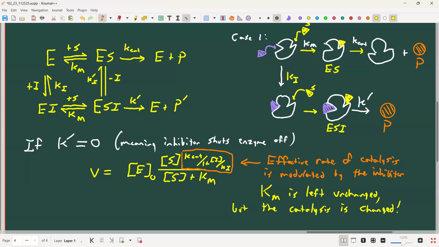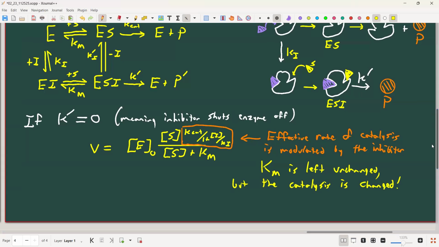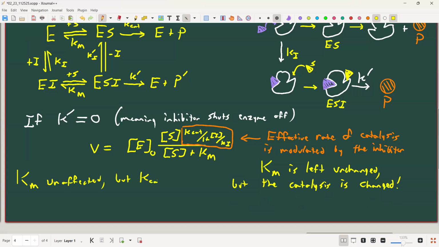So what we can say is that Km is unaffected, but K-cat is scavenged by the inhibitor. Right? The inhibitor just slows it down. It's like a drag on the thing.